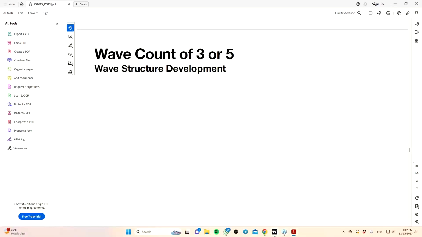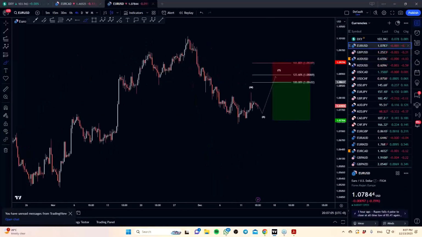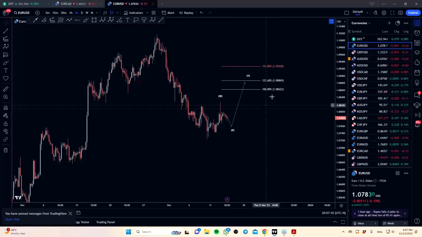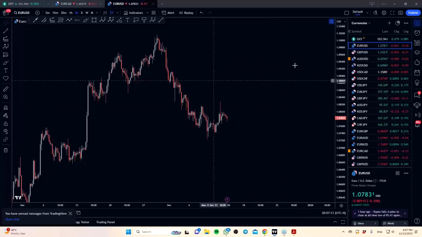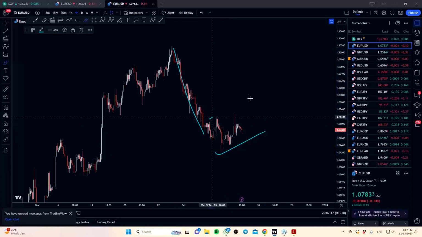So let me show you examples. Let's jump over to, I'll come back to euro dollar over here as an example. So what do we have on euro dollar? We have this impulsive drop. This seems to be starting to pull back.